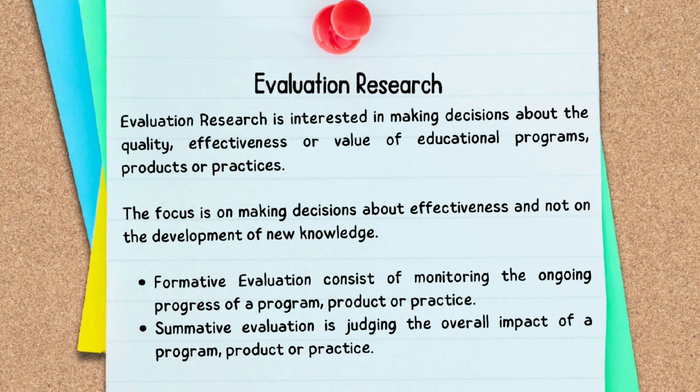Evaluation research is like checking if something, like a new program or policy, is doing what it's supposed to do. It's like giving a report card to see if it's passing or failing. Researchers look at things like how many people are using the program and if it's helping them like it should.